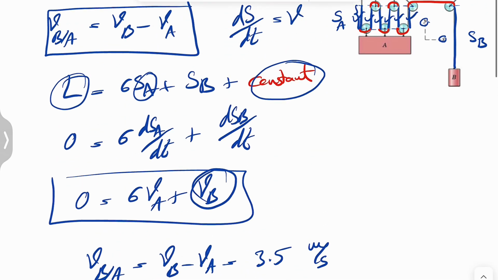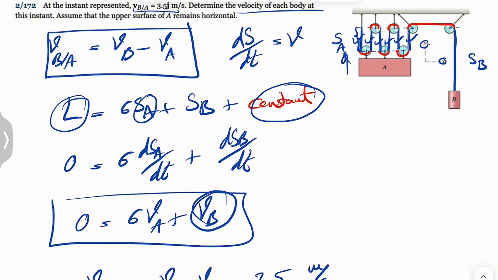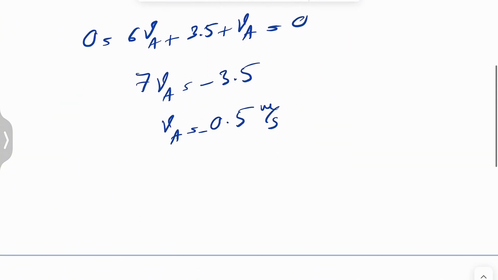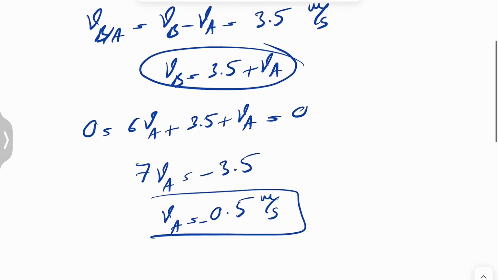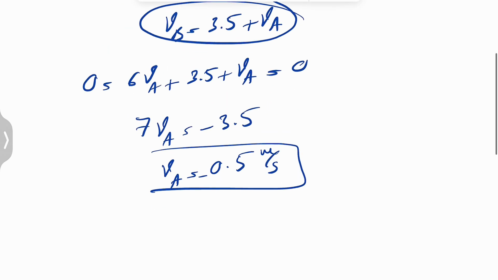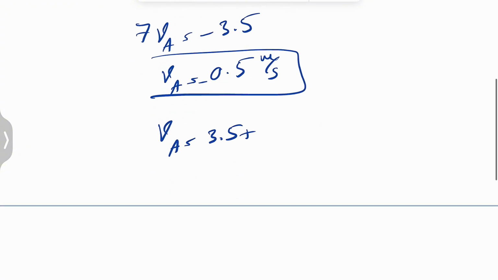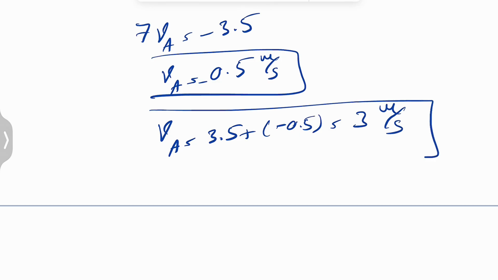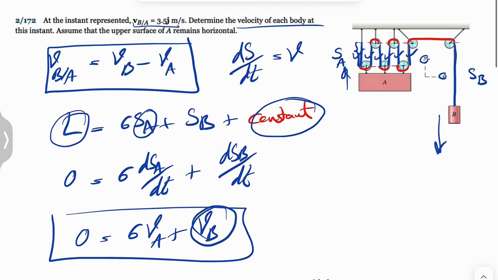And obviously everything is in the y direction. When this goes up, B is going to go down. So VB is negative, meaning it's going down, and we just have to put one of these in here to get VB. VB would be 3.5 plus VA, which was negative 0.5, so it's going to be 3 meters per second.